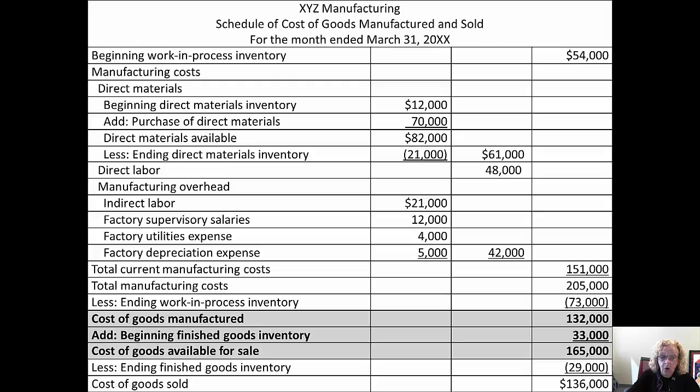Add to that all of the finished goods that we had already made in previous periods, and that gives us the total value of the cost of all of the goods that we could possibly sell, minus our finished goods ending balance, the dollar value of goods that clearly did not sell because they're still in our finished goods inventory, and the answer represents cost of goods sold.